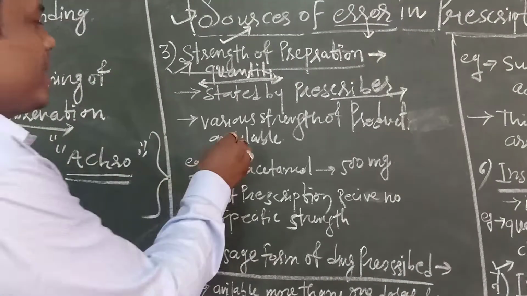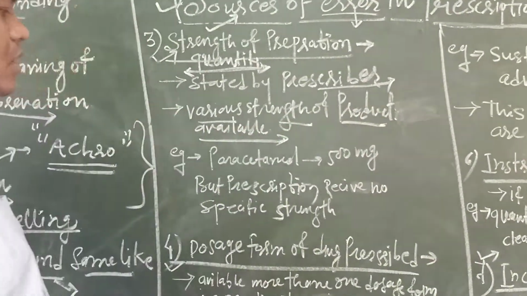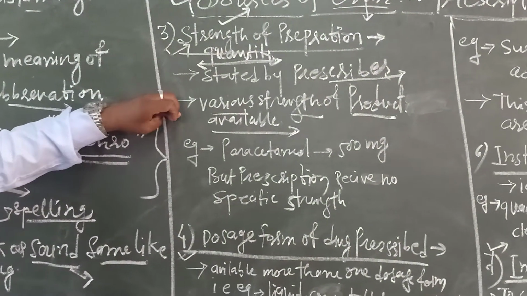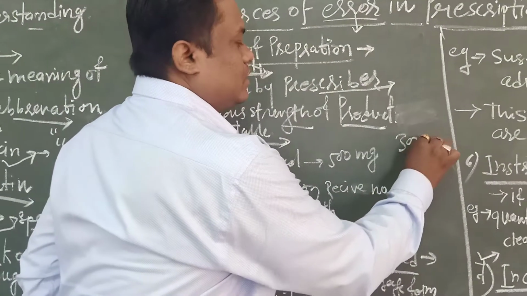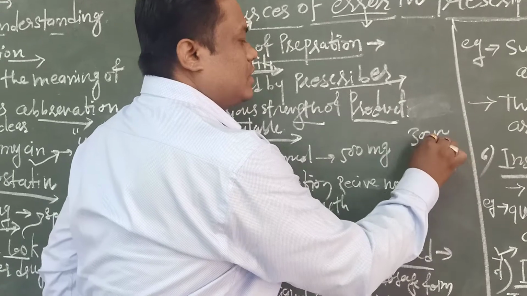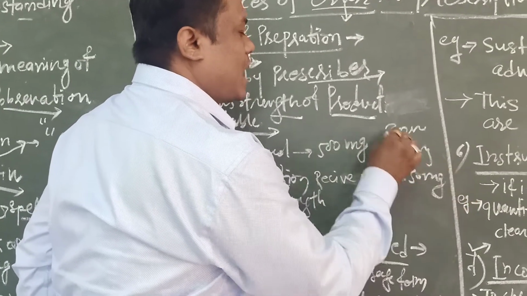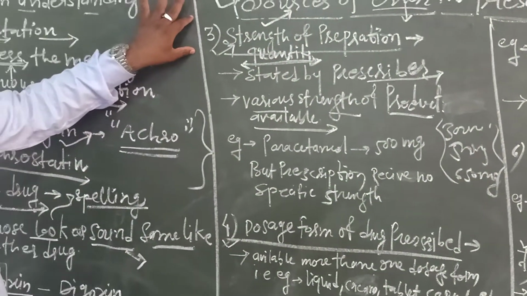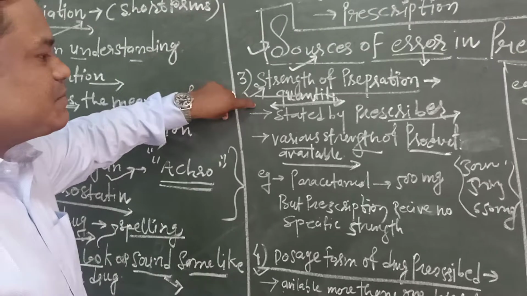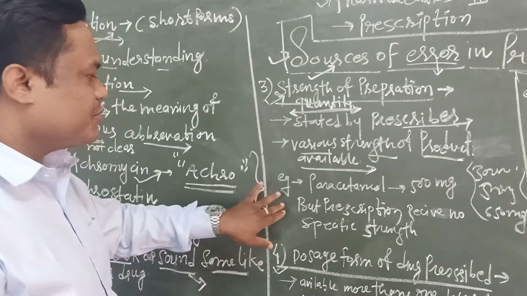Because various strengths of products are available in the market. For example, take paracetamol tablet. It is available in 100 mg, 500 mg or 650 mg. So various strengths are available in the market. Then it is the role of the prescriber to write the specific strength of the preparation in the prescription.